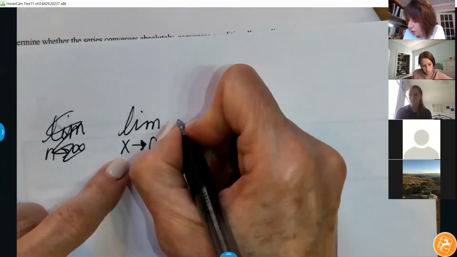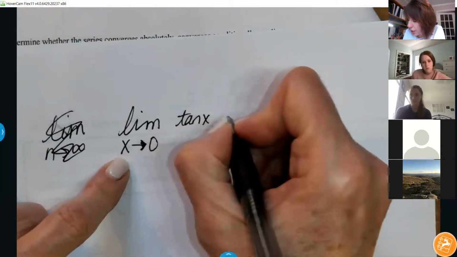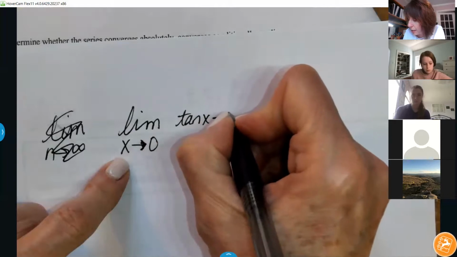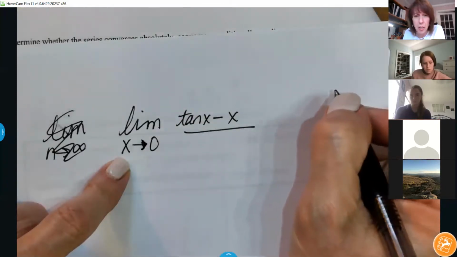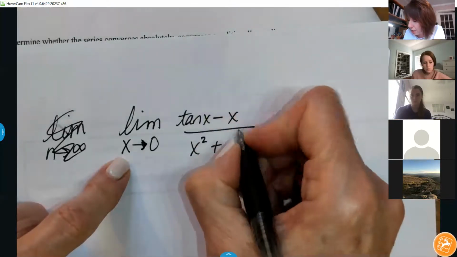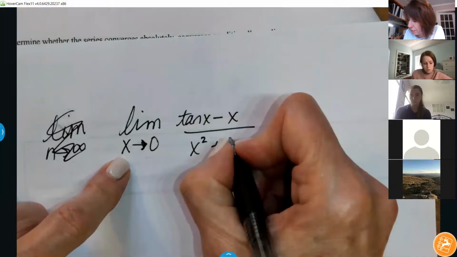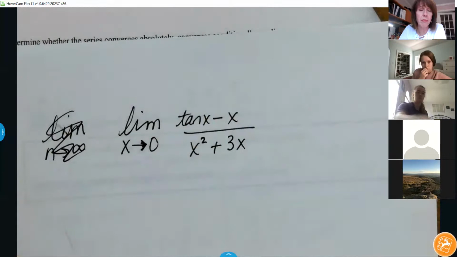I'm going to put tangent x minus x on top and x squared plus 3x on the bottom. Just to keep us honest with our limits. What do we do on this?